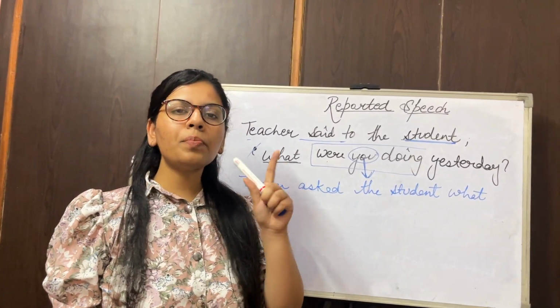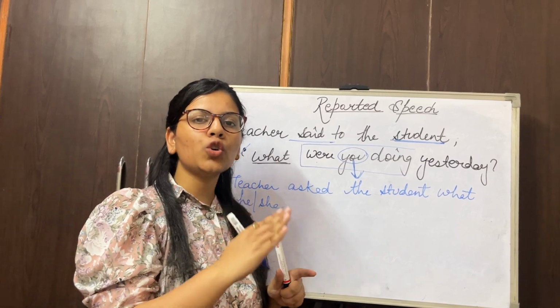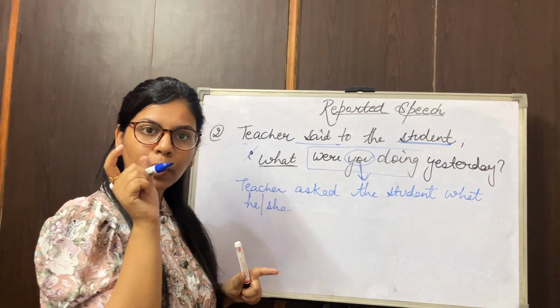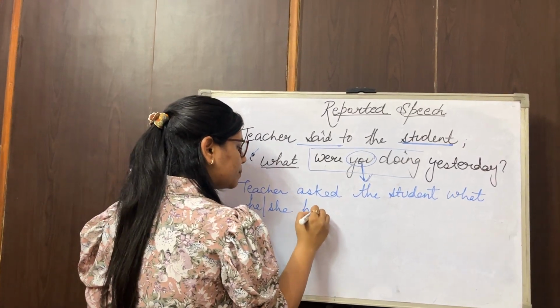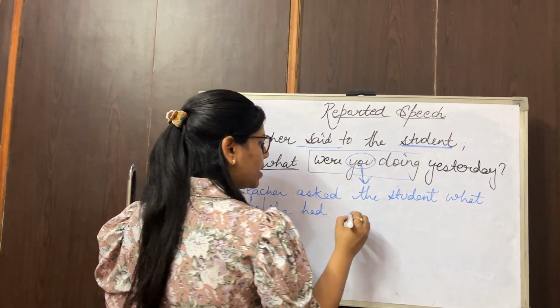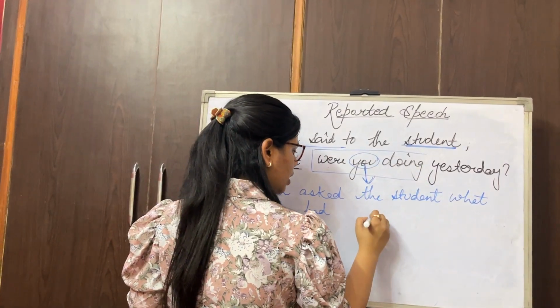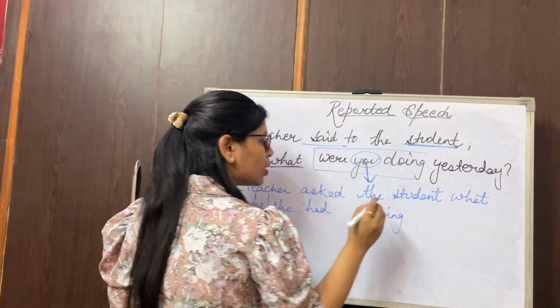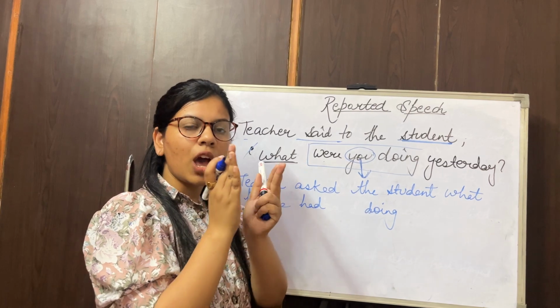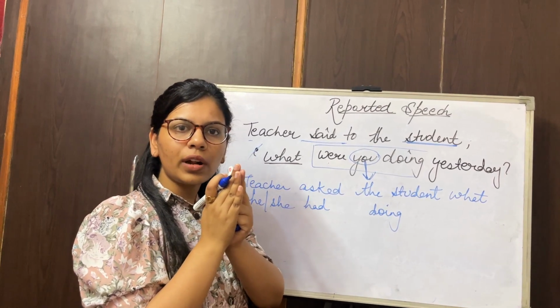Now it is past continuous. If you remember, past continuous tense changes to past perfect continuous. So past perfect. Perfect means which helping verb? Had. Perfect, then continuous means ing, doing, and because we are joining two different tenses, perfect and continuous, what will be the helping verb that we will require?